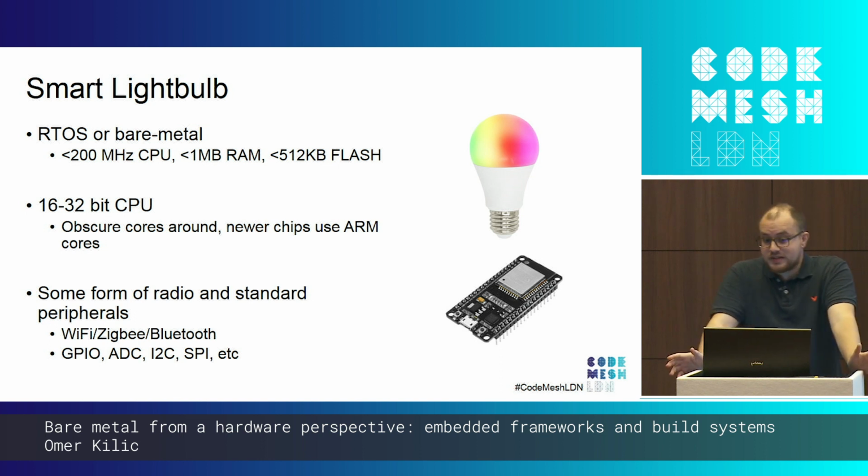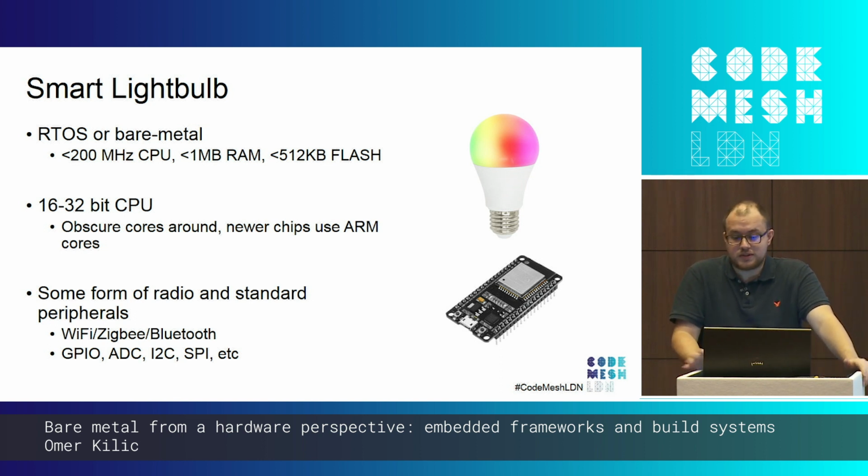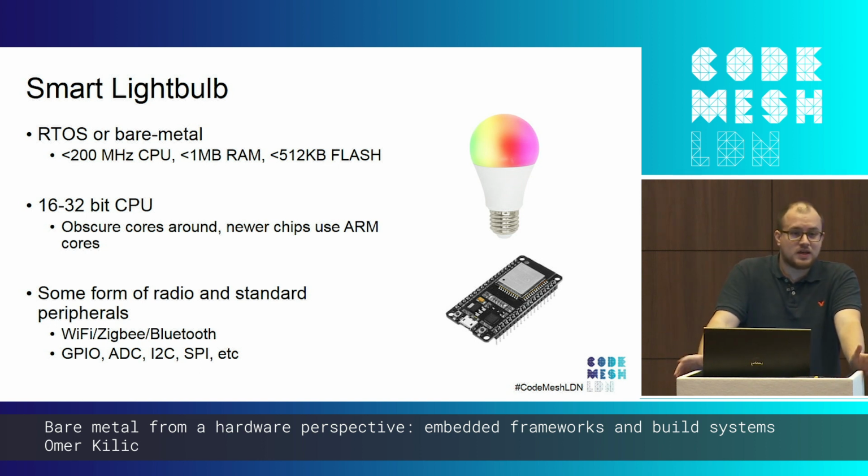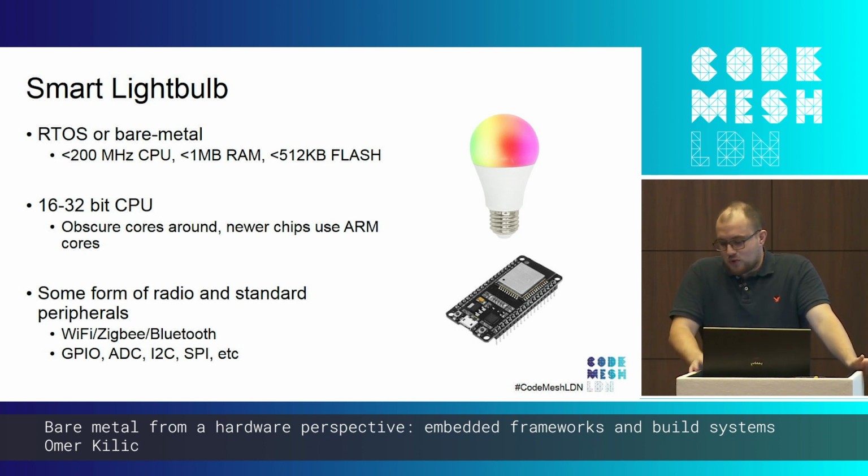So if you're a hobbyist, if you've done any tinkering with the ESP32 or the ESP8266, we're talking about that class of device there. It's plenty powerful to do complex stuff, but again, you're not going to have Linux. You're probably going to be fairly restricted as to how much stuff you can do with it.